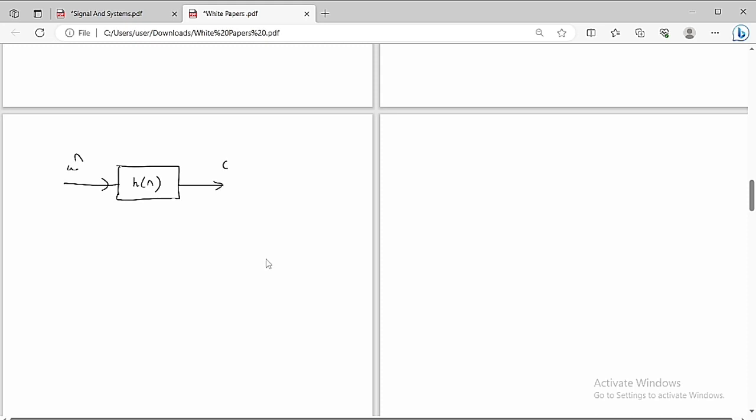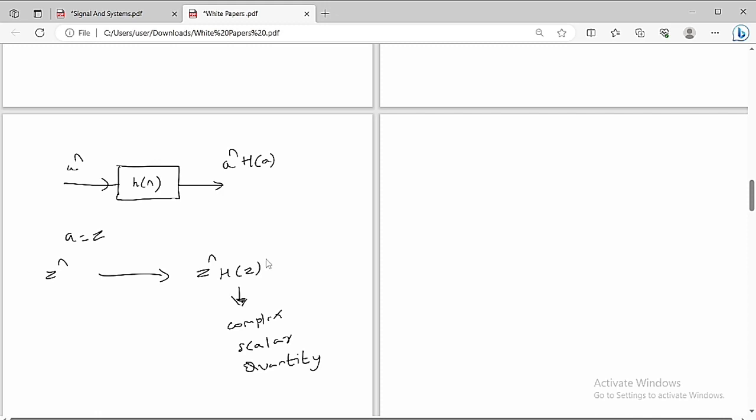I've already told you: a to the power of n into H of a. Suppose a is equal to z, then what are you going to get? The input is z to the power of n and the output is z to the power of n into H of z. H of z is a complex scalar quantity. So the output is the scaled version of the input.